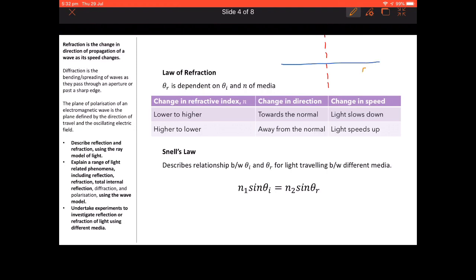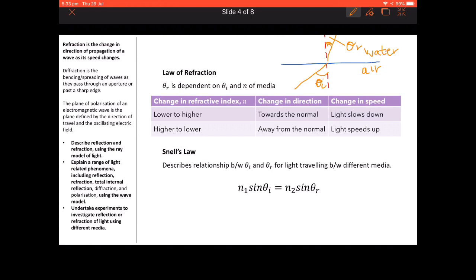So for example, if we're going from air to water, the light will come in and you'll have an incidence angle here, and that light will move towards the normal because it's slowed down, and this will be your angle of refraction.